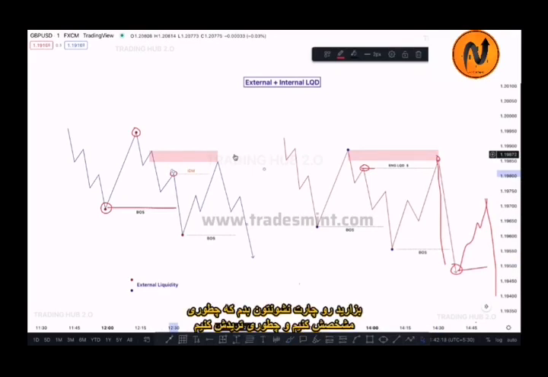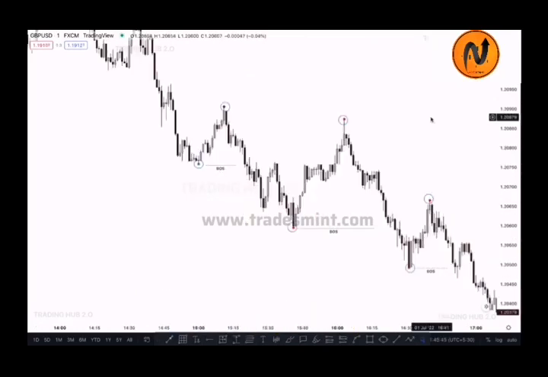Let me show you on the chart how we can read it and how we can trade it. So this is a bearish market. As you can see here, the market is creating lower lows and breaking the structure on the downside. It means market momentum is bearish, and how can we read where the inducement and the engineering liquidity are to take entries?